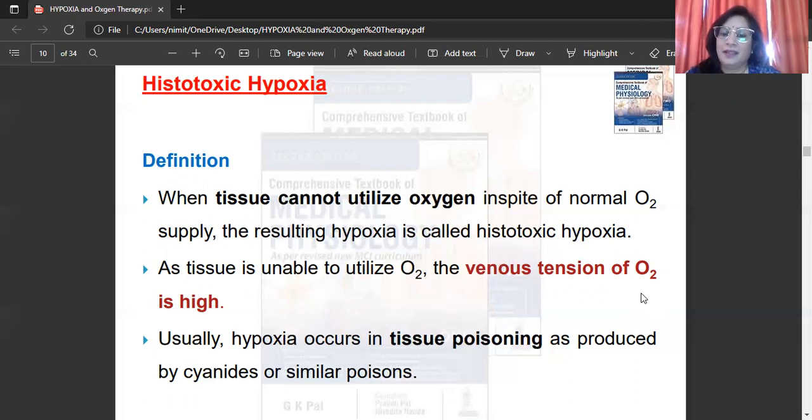And this hypoxia usually occurs in tissue poisoning, as produced by cyanides or similar poisons.